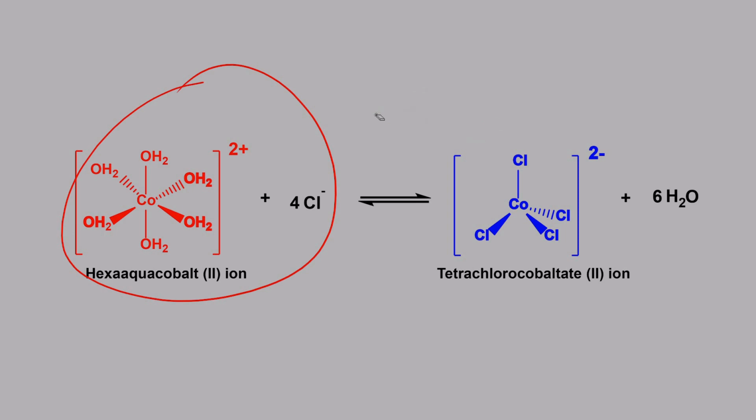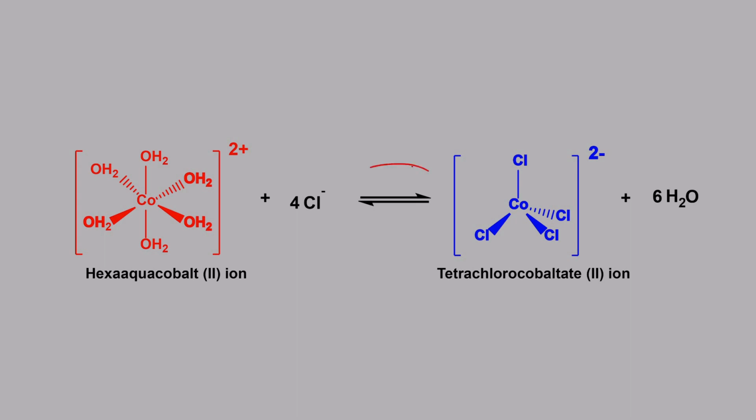This reaction, however, has the ability to go backwards and forwards, which is indicated by this equilibrium arrow here. So this reaction is able to decide what extent of the reaction it is going to proceed to, depending on the concentration of the products and the reactants. So this type of reaction is called an equilibrium reaction.